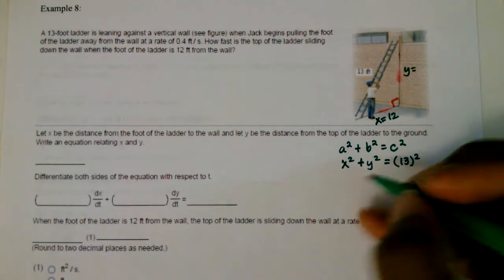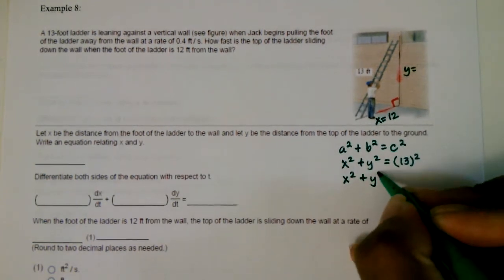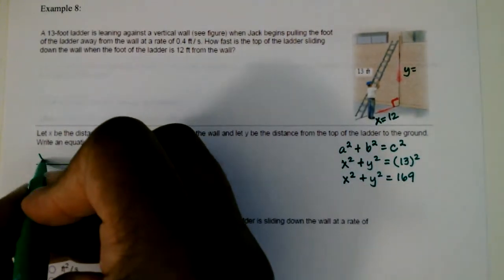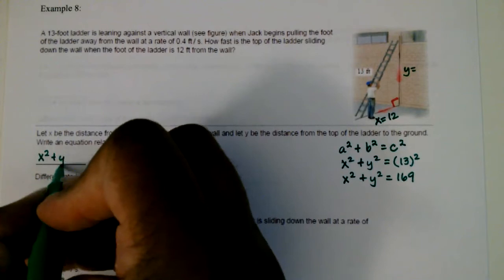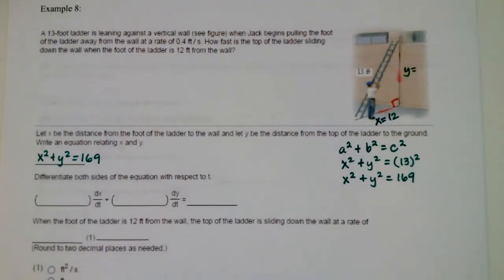And if I square the 13, I'm going to get 169. So this will be x squared plus y squared is equal to 169. That's the equation relating x and y. x squared plus y squared is equal to 169.